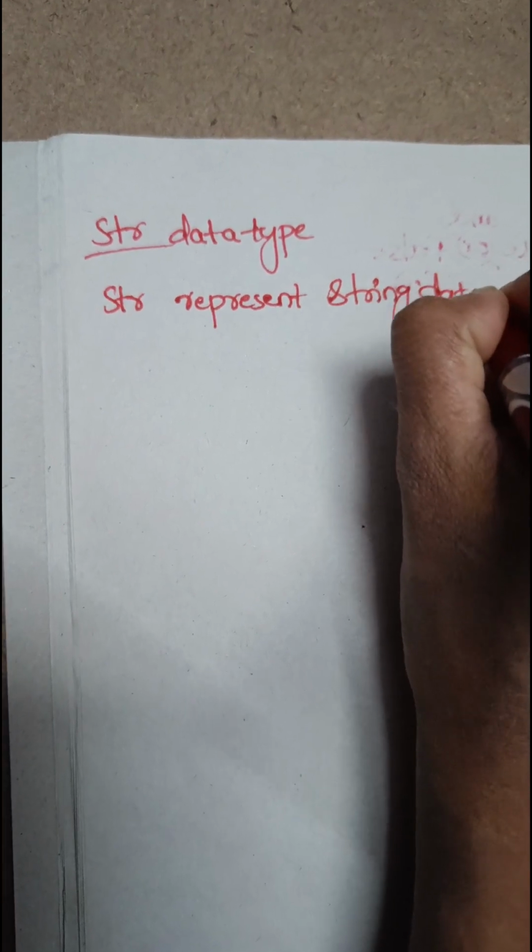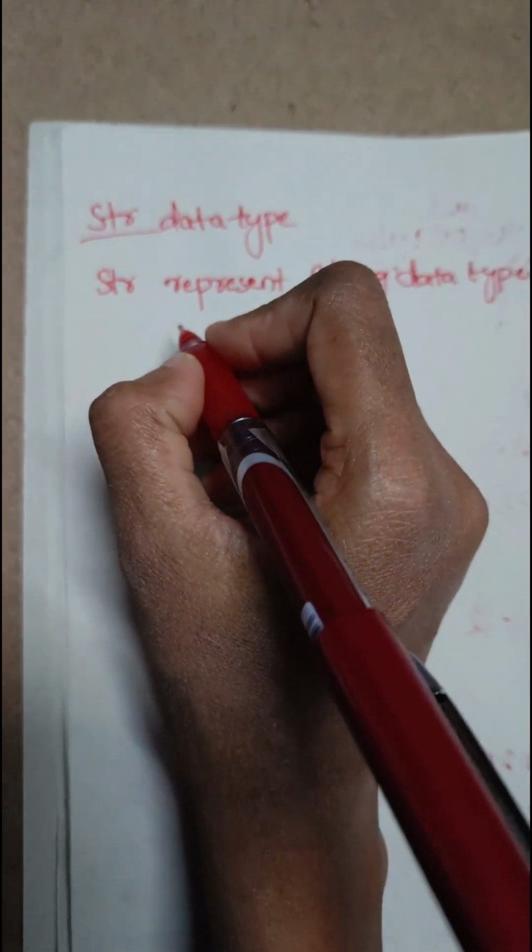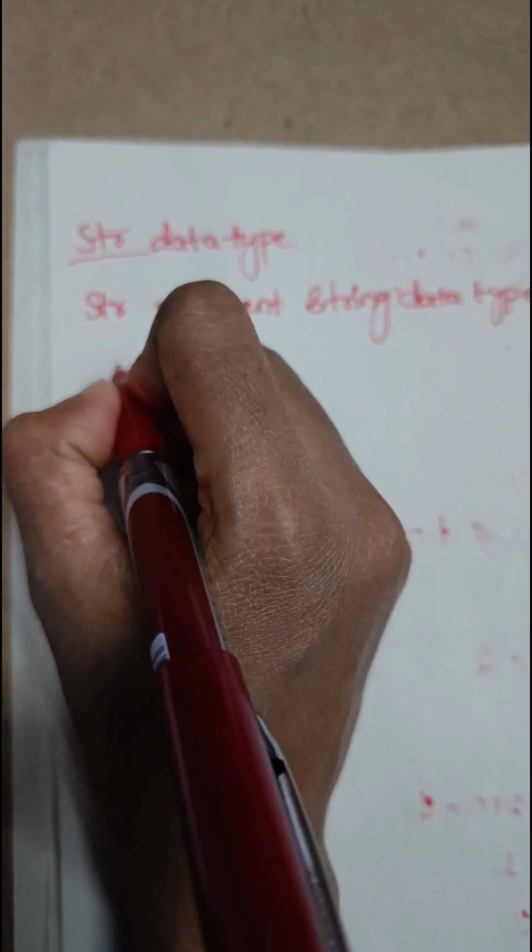In this tutorial I am going to explain you one more data type in Python, that is string data type. String data type can be called by the shortcut str. Okay, so this str represents string data type. Now what does a string actually mean?